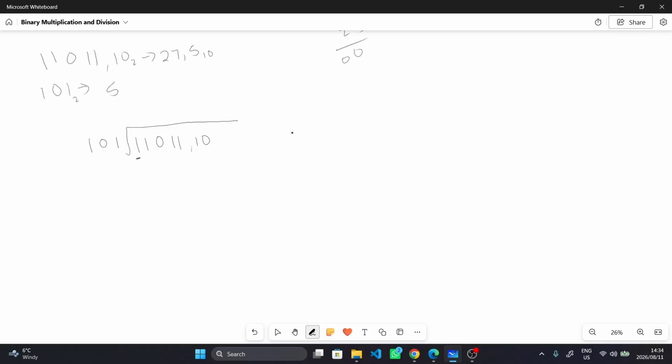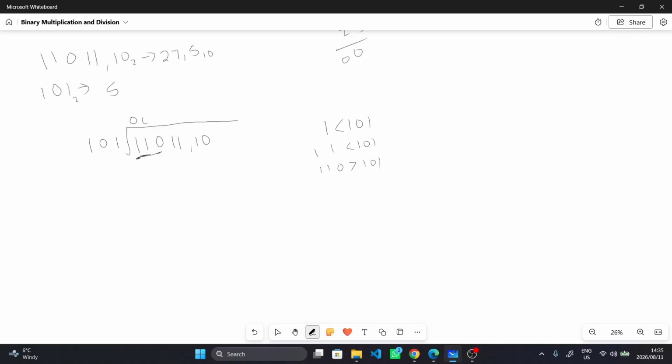Is this bigger than or less than 101? 1 is less than 101, right? So you put a 0 there. Then you go to the other two values. Then it's going to be 11. That is as well less than 101. Then we move on to the three values. That is 110, and that is bigger than 101, right?